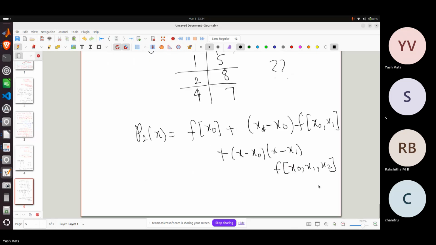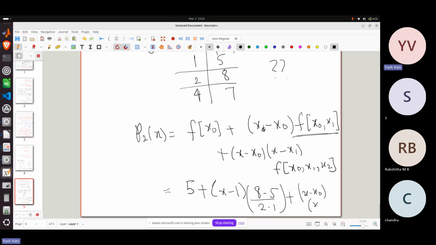This means f at x0 is 5, plus (x minus 1) times f[x0, x1], which is f1 minus f0, so 8 minus 5 divided by 2 minus 1, plus (x minus x0)(x minus x1). x0 is just 1, x1 is just 2.